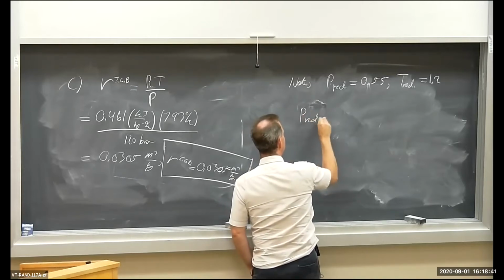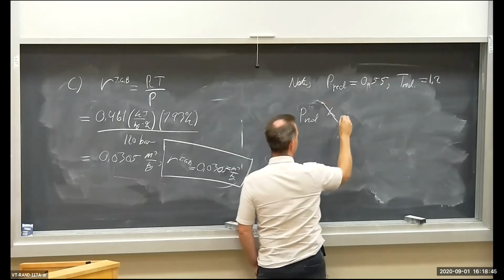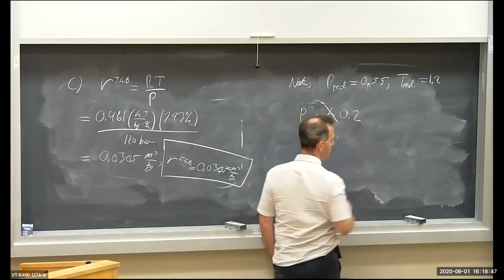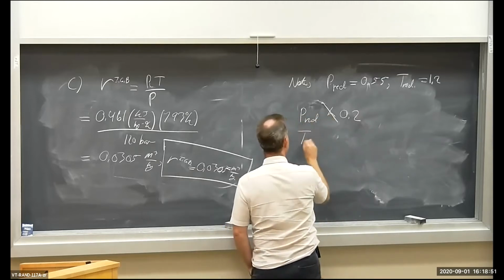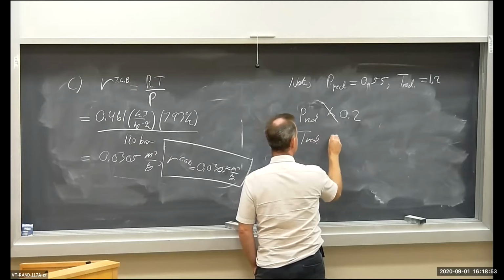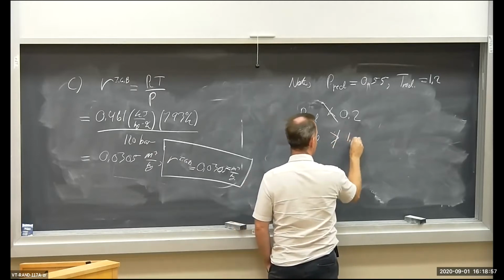Reduced pressure is not less than 0.2, and reduced temperature is not greater than 2.